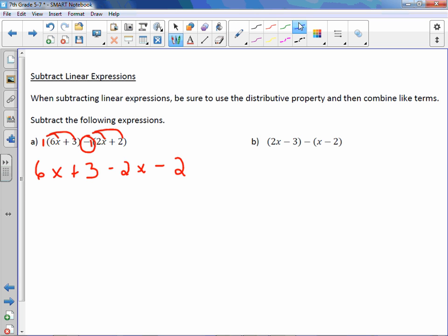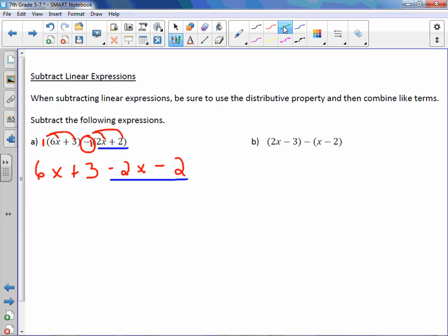So what you see here, -2x minus 2, is actually called the additive inverse of 2x plus 2. So really, when you are subtracting another linear expression where you have a -1 outside the parentheses, what you're really doing is finding the additive inverse, which means just change the sign of both the terms.